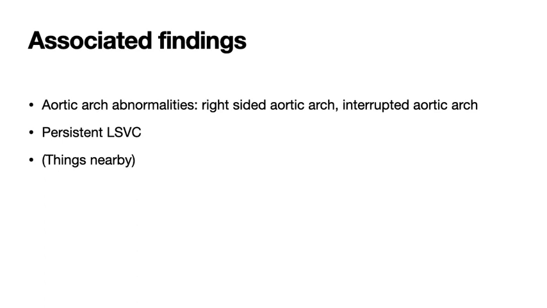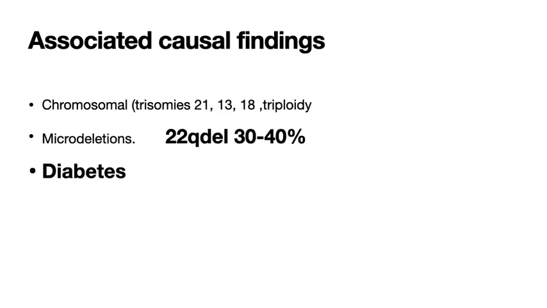So, what associated findings? Well, not surprisingly, there are aortic arch abnormalities. So right-sided aortic arch, interrupted aortic arch. You can also see something that just happens to be nearby, which is a persistent left superior vena cava. Now, some associated causal findings include trisomies.